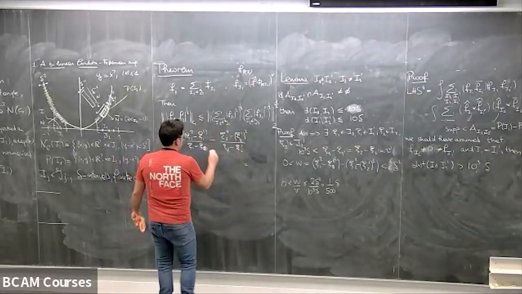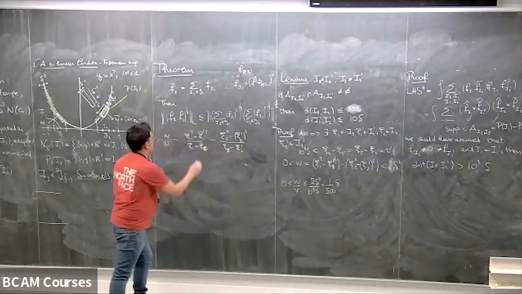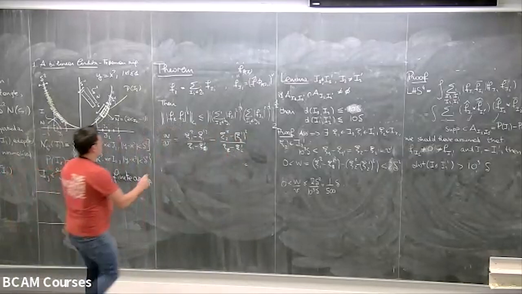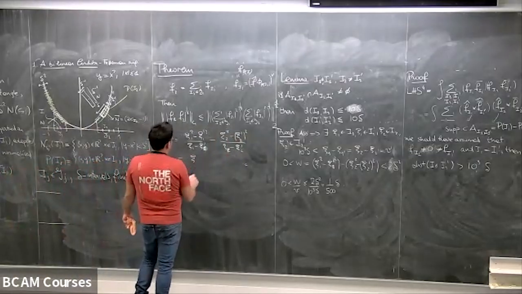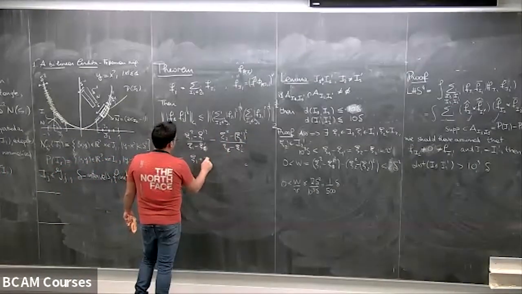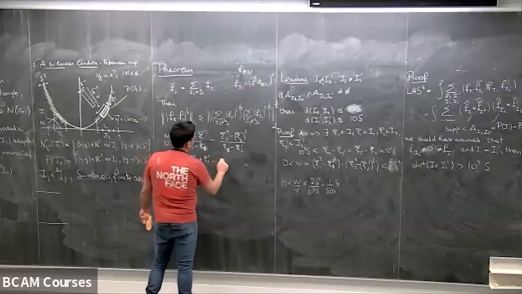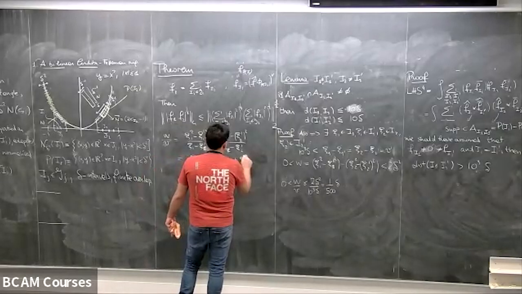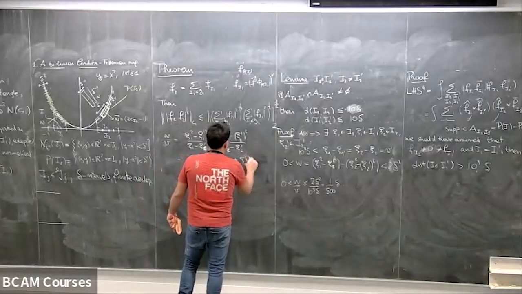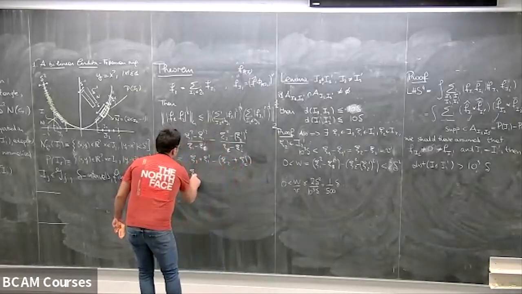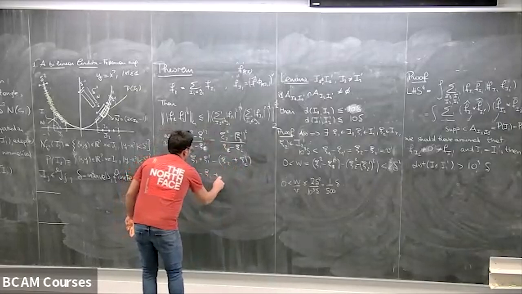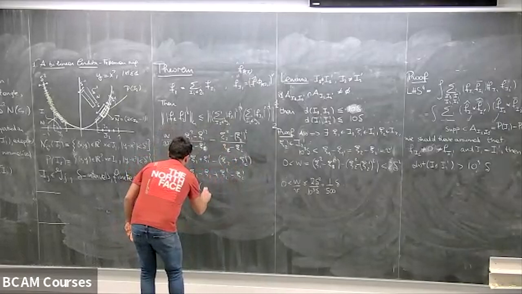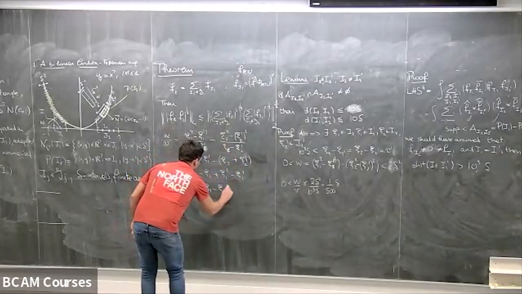And so what this comes up is psi1 plus psi1 prime minus psi2 plus psi2 prime, which is psi1 minus psi2 plus psi1 prime minus psi2 prime, which is twice psi1 minus psi2.